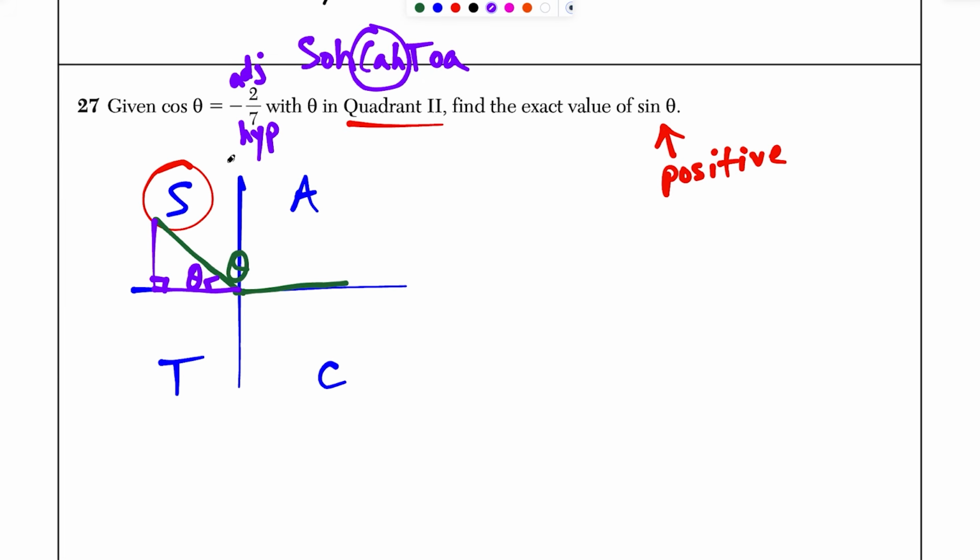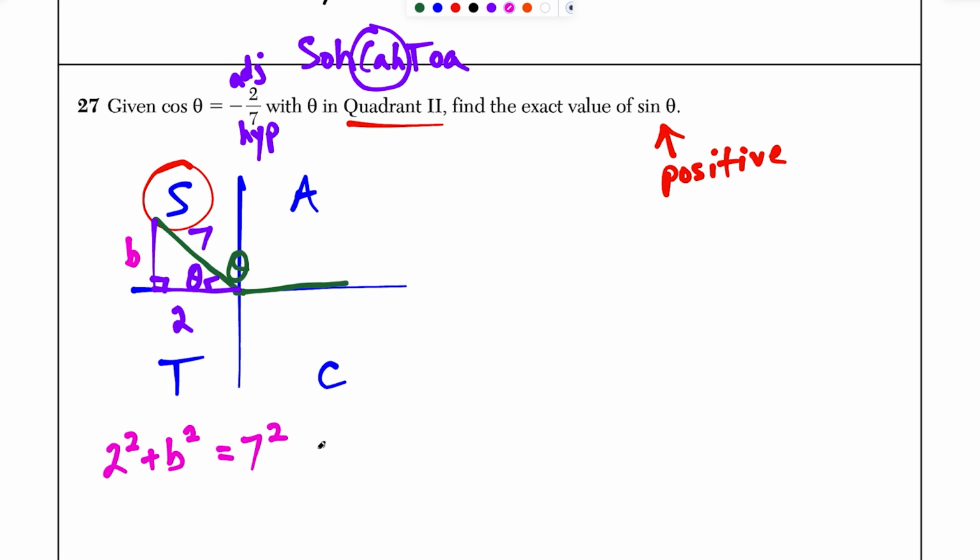So I'm going to label the side adjacent to the reference angle 2, and I'm going to label the hypotenuse 7 like this. And now what I'm going to do is I'm going to use the Pythagorean theorem to solve for this missing side over here. We could put a letter there temporarily, like let's say we call this b, and I could say that 2 squared plus b squared is equal to 7 squared.